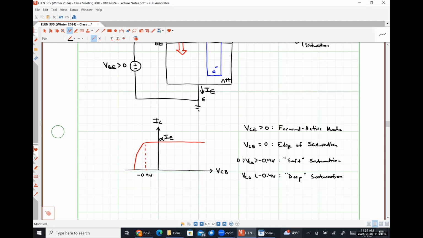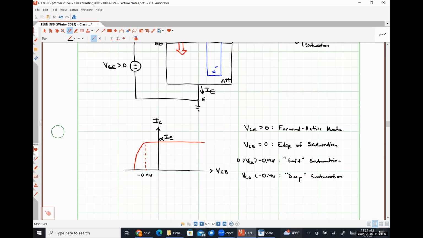So going from forward active region into soft saturation really isn't a problem from the perspective of amplifier design, because the total collector current is going to be roughly the same, which means our small signal parameters, which are largely based on collector current and base emitter voltage, are going to remain relatively unchanged.